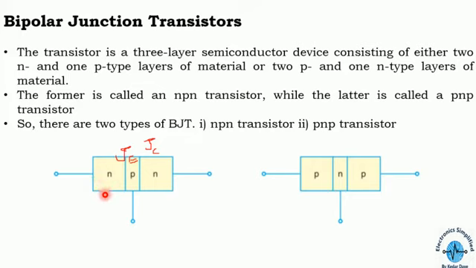The emitter region is heavily doped with electrons. As we can see, that is an n type semiconductor, so there will be majority charge carriers, electrons, over there, and likewise there will be some holes in the p region, but considerably very less than this particular emitter region.